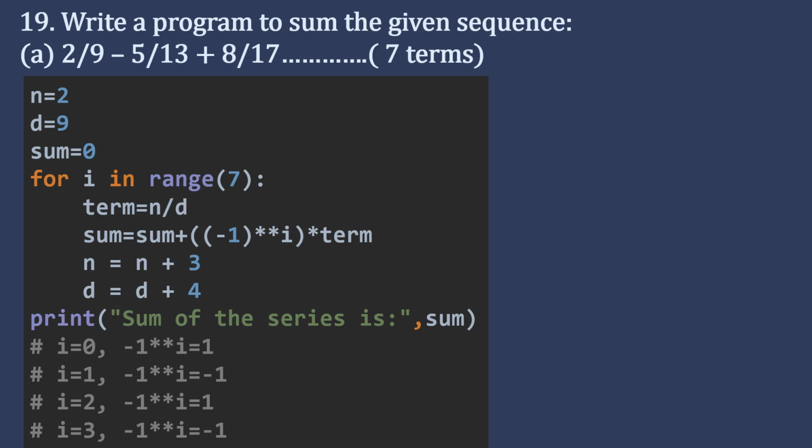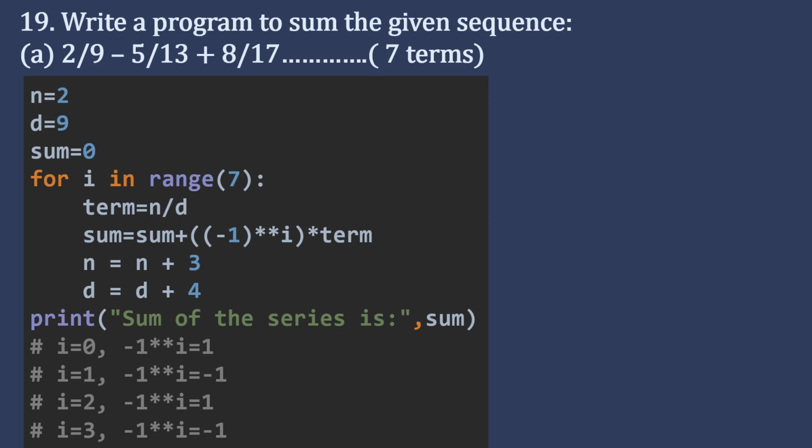Now for i in range 7, because we have to take 7 terms, and here we have written i in range 7, that means i will have values 0, 1, 2, 3 up to 6. So that will be 7 terms, but the starting number is 0. Now term is equal to n by d. Term is a variable which will store n divided by d.